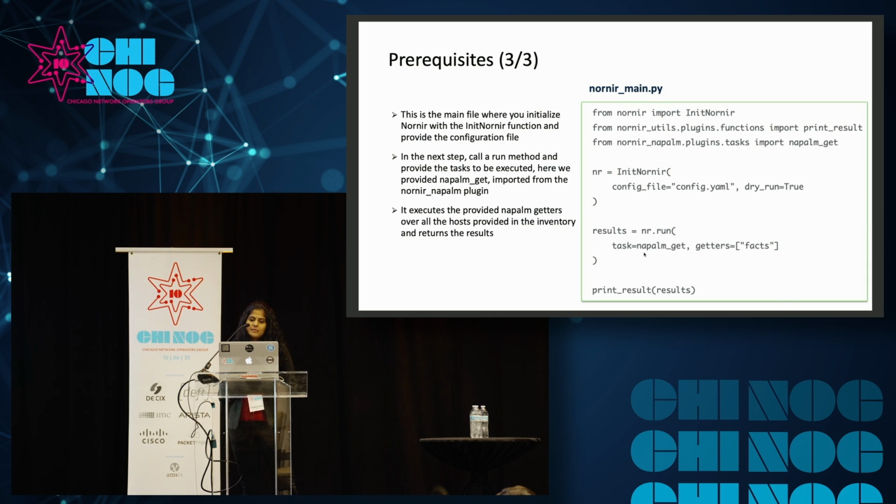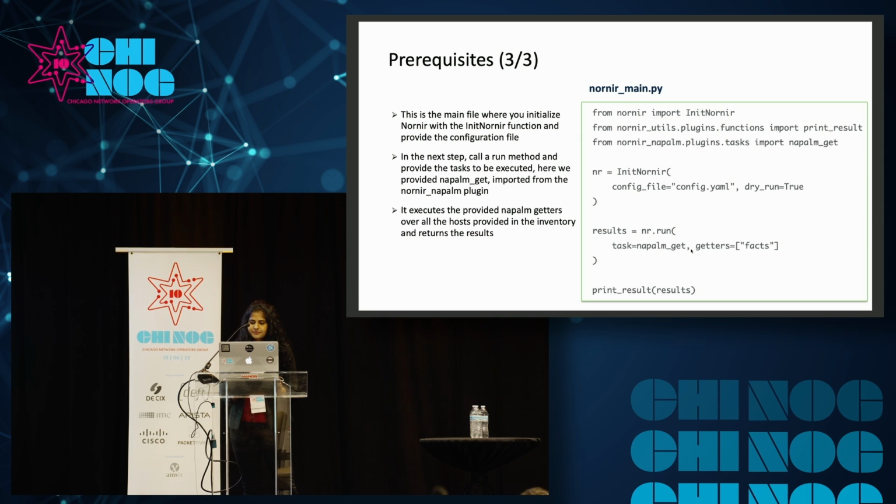It could be napalm_get, napalm_cli, or napalm_configure. Napalm_get means you can use any getters. If it is napalm_cli, then you can use all the show commands. If it is napalm_configure, then you can configure on that device.